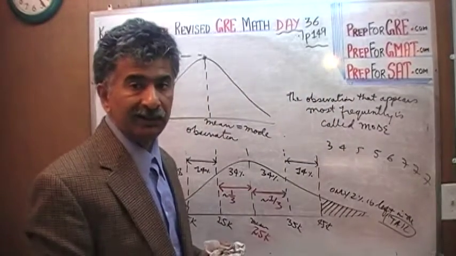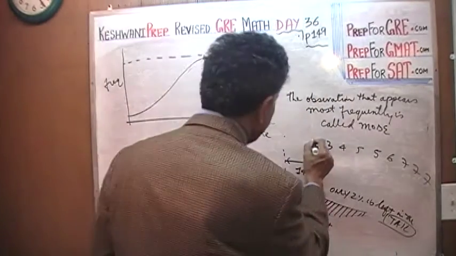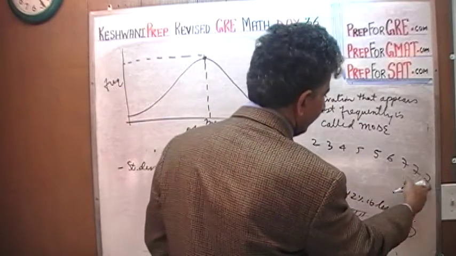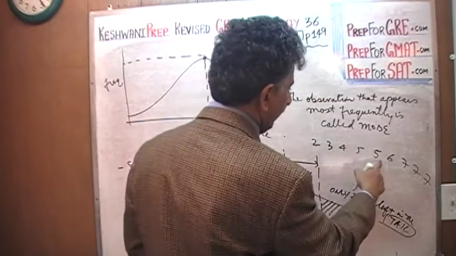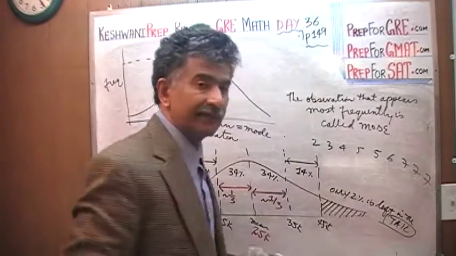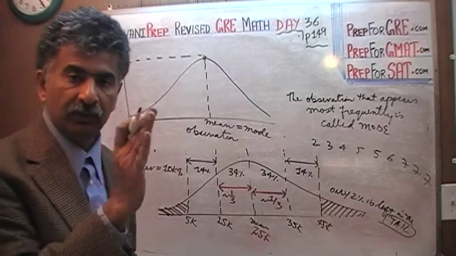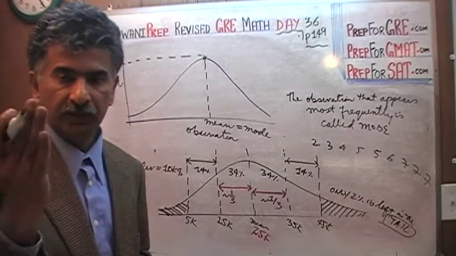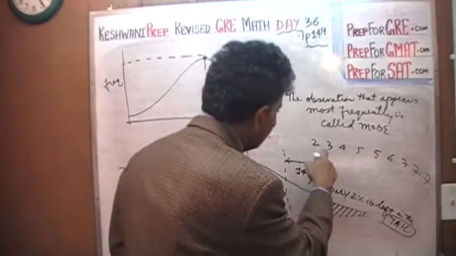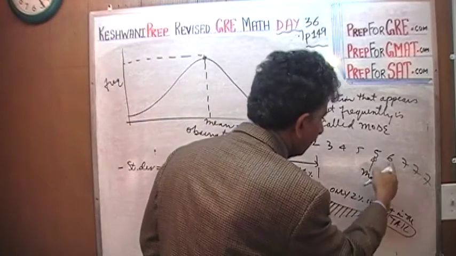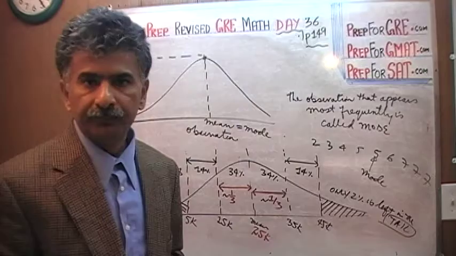Had there been an odd number of numbers, let's add one more here: 2, 3, 4, 5, 5, 6, 7, 7, 7. Since there are 9 observations, the median is where 4 observations are below the number and 4 observations are above it. 1, 2, 3, 4. This is your median.